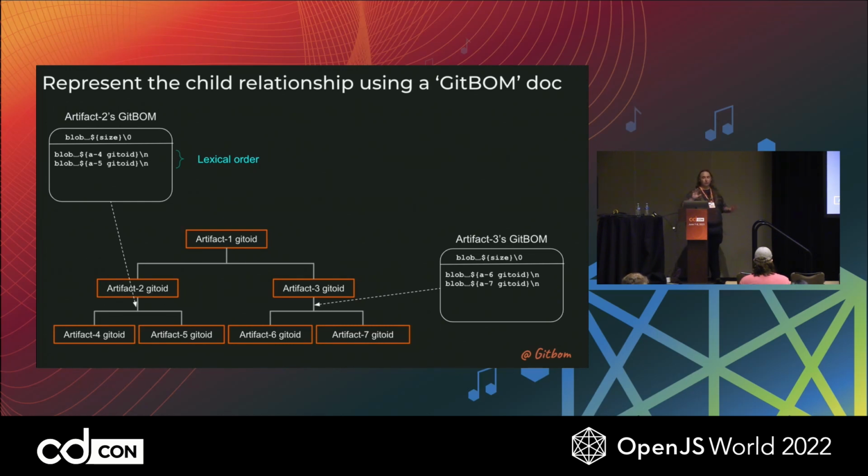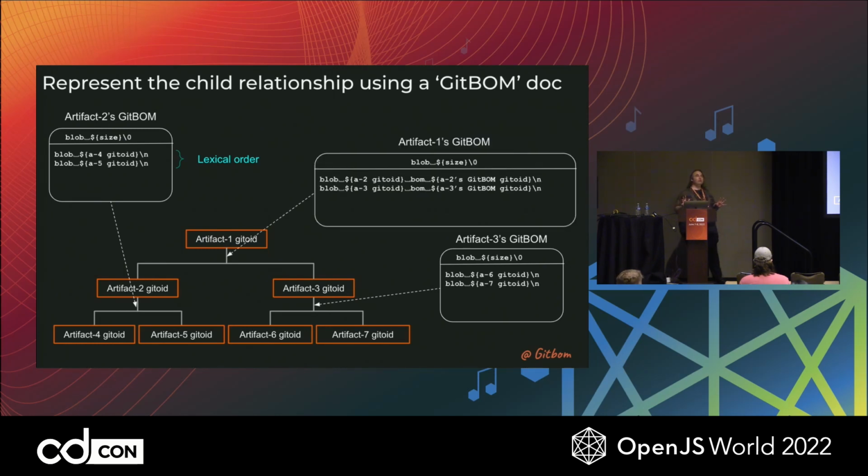You have a very straightforward, simple document format that we all agree on that says, okay, if I'm something like artifact 2 that only has leaf artifacts as children, I'll just have newline terminated records that say blob space the Git object ID of artifact 4, blob space the Git object ID of artifact 5, and we'll put all of that in lexical order so we all get the same one every time, independently, and we'll call this the GitBOM doc for artifact 2.